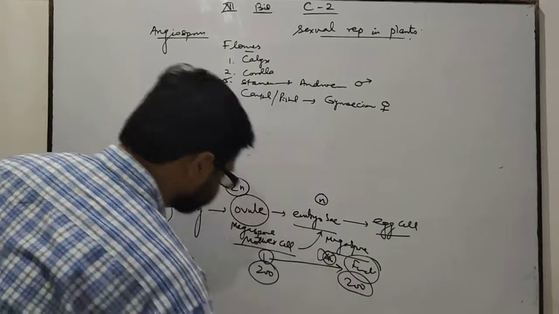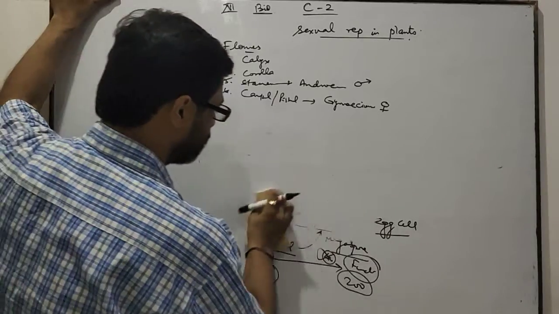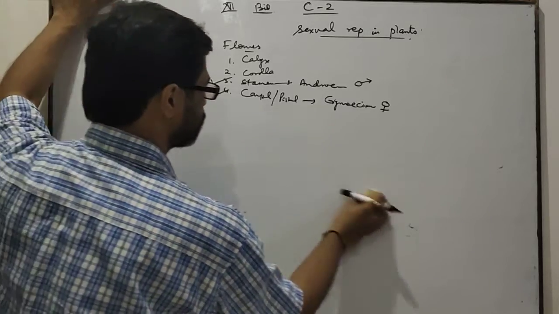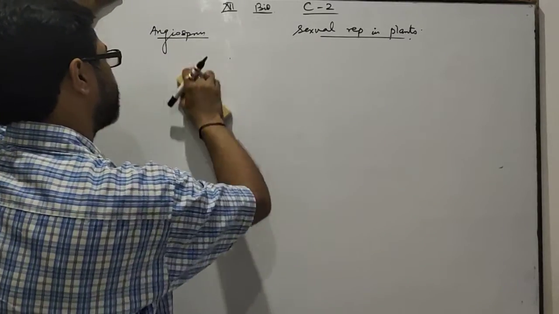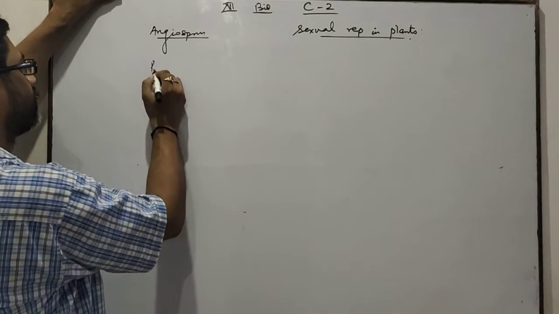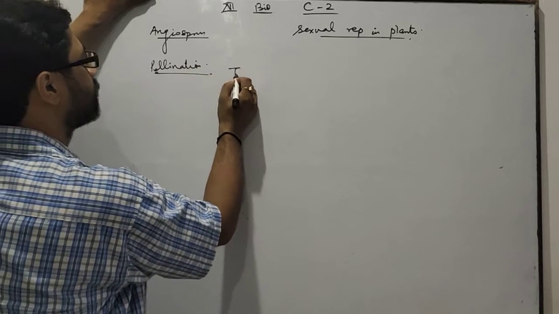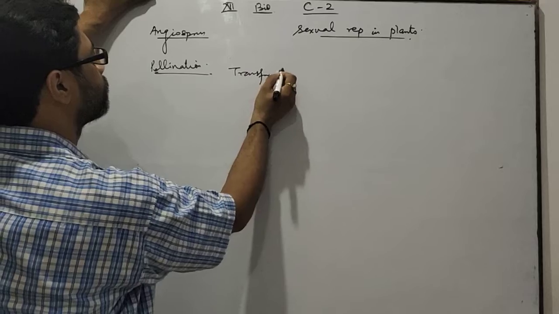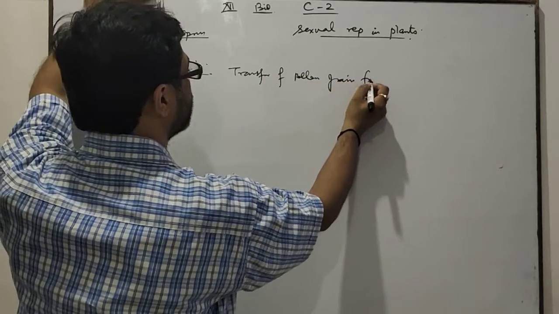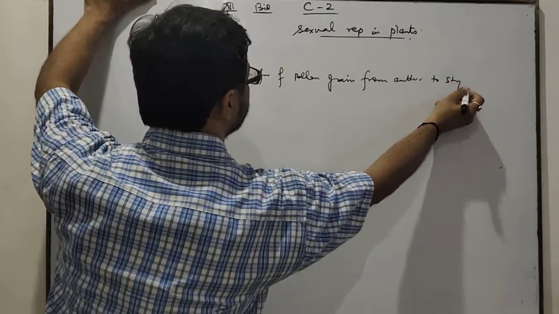This is about the stamens, ovary, carpel or pistil. After this, I am going to discuss pollination. What is pollination? Pollination is the transfer of pollen grains from anther to stigma.